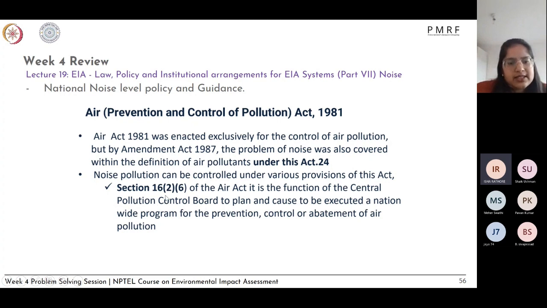We have section 16(2)(b) of the Air Act, which is a function of the CPCB, and it can be used to plan and execute a nationwide program for prevention, control, and abatement of air pollution. Under the pollutants parameter of the act, we also have noise pollutants. So this act also covers noise pollution apart from just air emission pollutants.